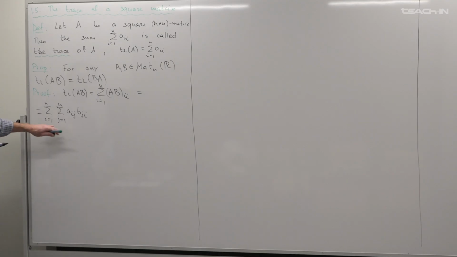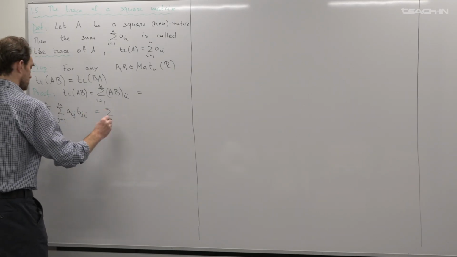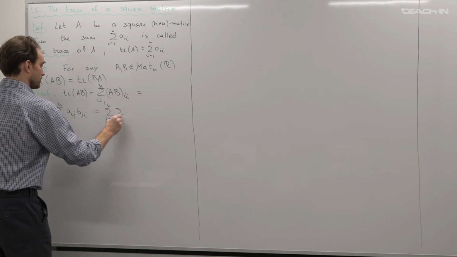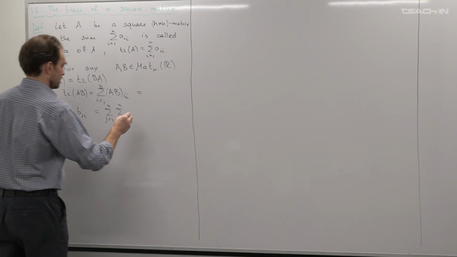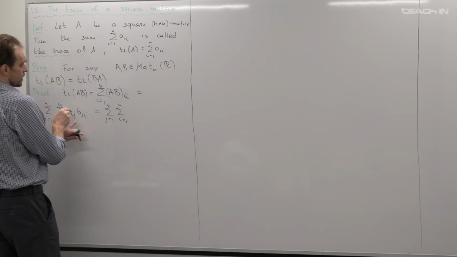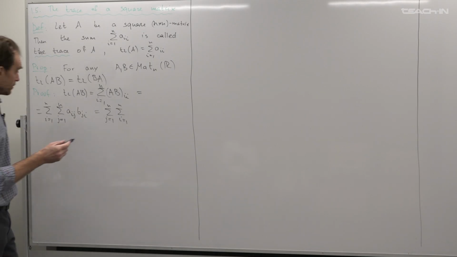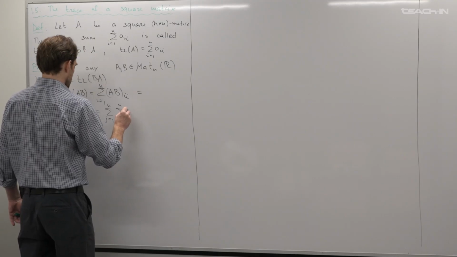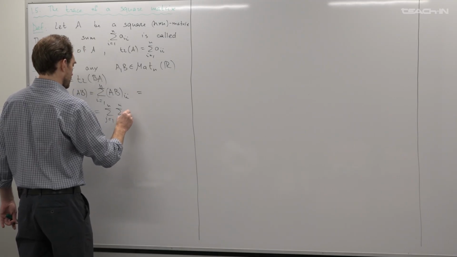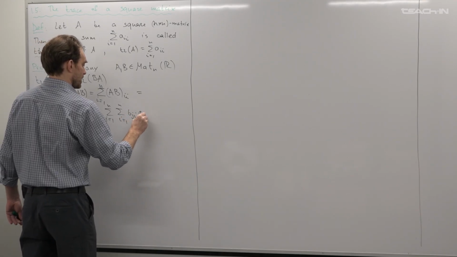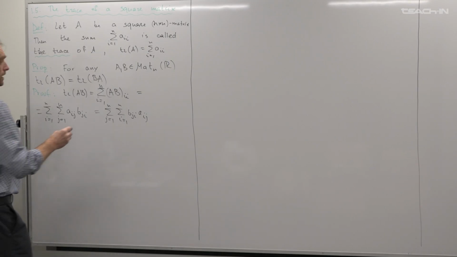And then I'm going to change the order of summation. So here we have two summations, one over i and the other one over j. So I can rewrite this sum as summation by j from 1 to n, then summation by i from 1 to n. And I'm going to change the order of these two elements. These are just numbers, so they commute. So I can write it as b sub ji multiplied by a sub ij.